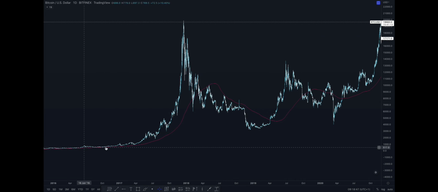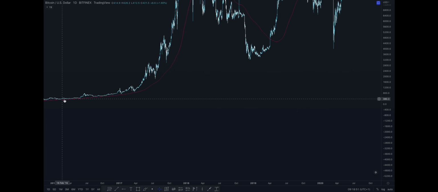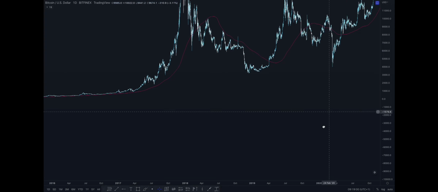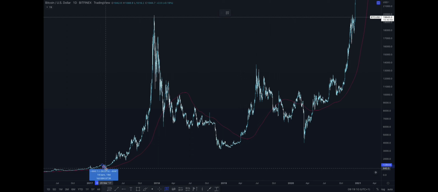You can see that in the past, Bitcoin has traditionally stayed above this moving average when in a bull market. And then, of course, at the peak of a bull, you deviate massively from it, meaning you go way, way above it. So here, you're about 30% away from it.